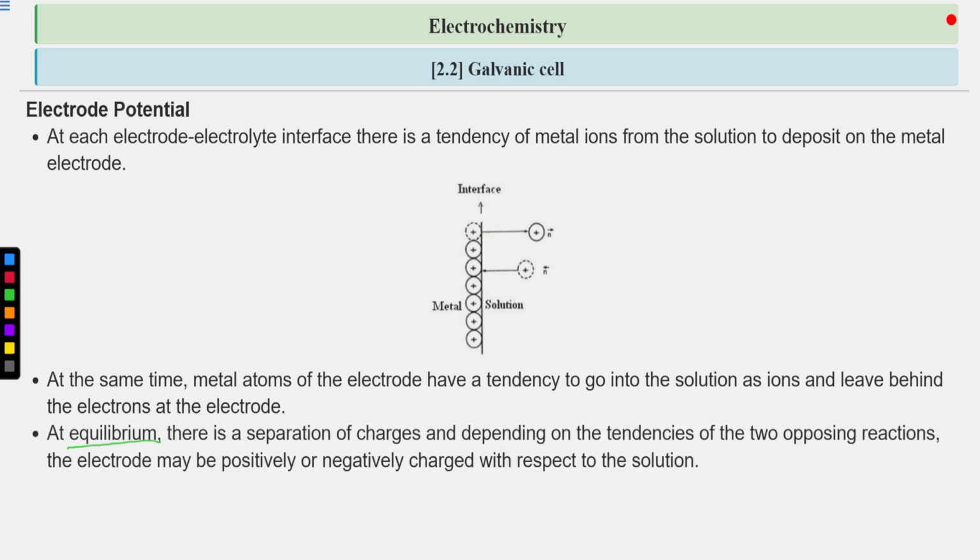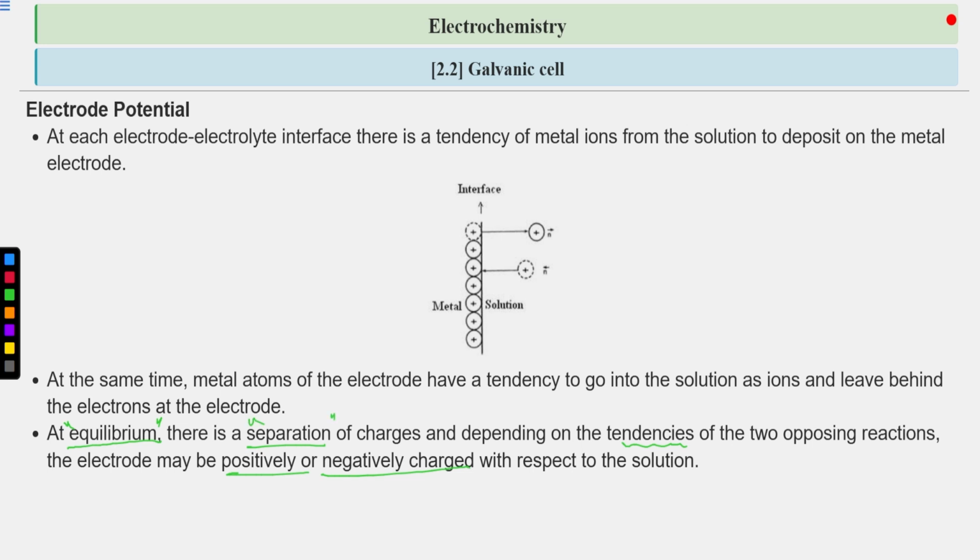Now at equilibrium, there is a separation of charges, and depending on the tendencies of the two opposing reactions, the electrode may be positively or negatively charged with respect to the solution. At the equilibrium position, there is a separation of charges.